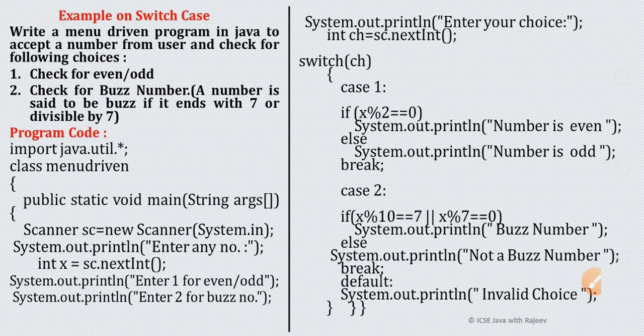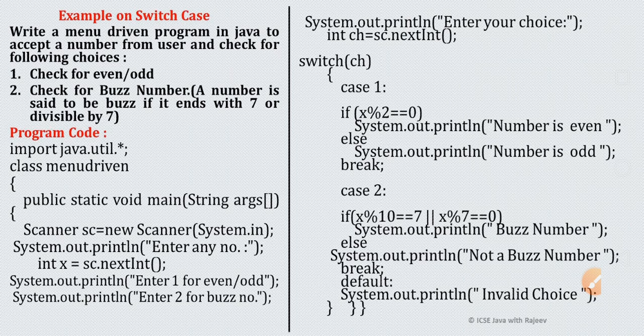For example, 27 is a buzz number because it ends with 7, and 47 is also a buzz number because it ends with 7. 17 is also a buzz number. 21 is also a buzz number because even though it does not end with 7, it is divisible by 7.